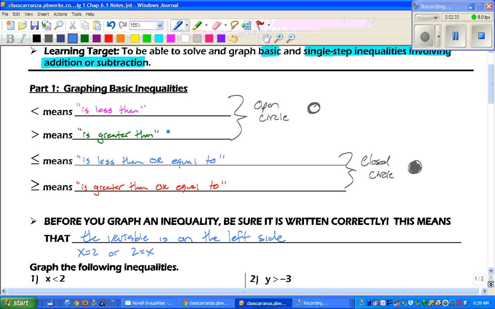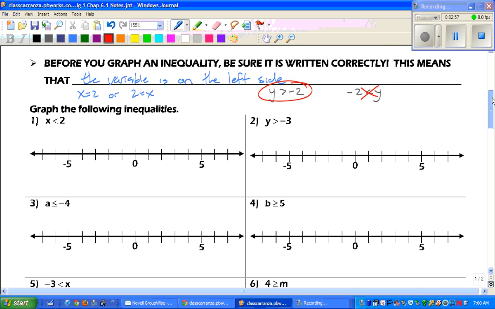With equations, that's okay. But when we're talking about inequalities, we always want the variable first, because if it looks like this, it's going to be harder to decide which way to graph it. So always get your variable on the left side. Okay? All right, let's start going through some problems.